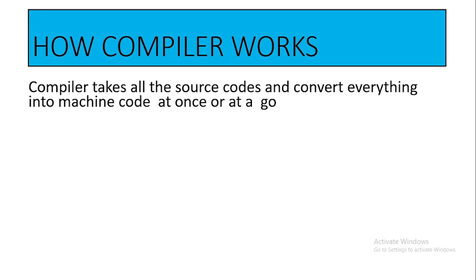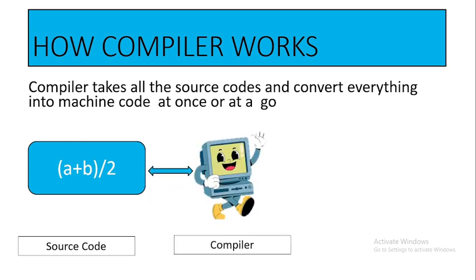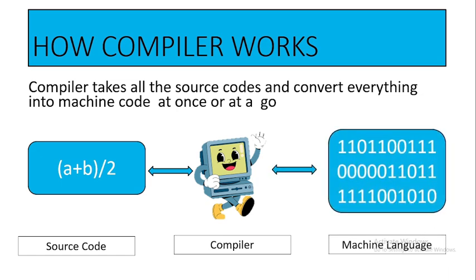But no, the compiler picks all the source code at once and converts everything into machine code at a go. So we have the source code, open bracket A plus B close bracket divided by 2. The compiler takes this source code and converts everything into machine language. So we say the compiler takes all the source codes and converts everything into machine code at once, or at a go.